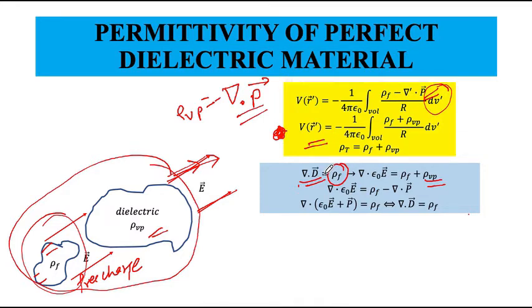So I can simply write del dot epsilon naught E equals rho F minus del dot P, because we know that D equals epsilon naught E in free space. Now I bring this to the other side, and if I equate them, this gives me D.